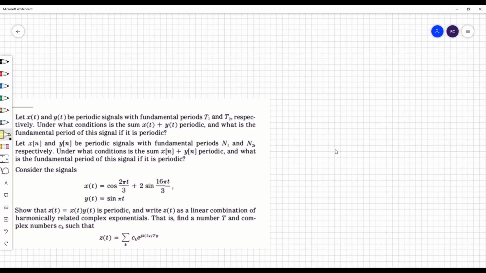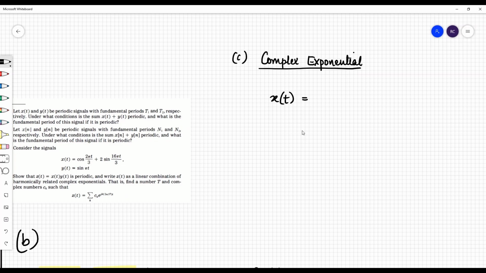When you write a signal x(t) which is of the form e to the power j omega naught t, right? This is a polar representation of a phasor. What is a phasor?